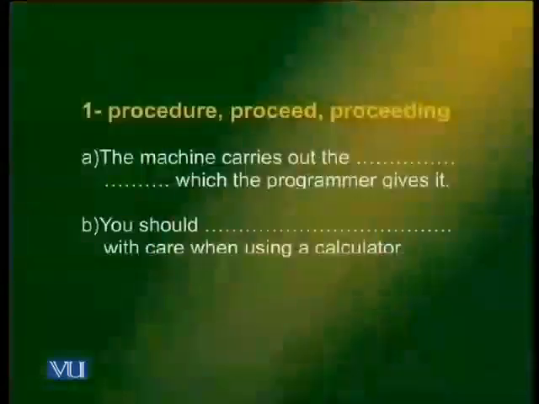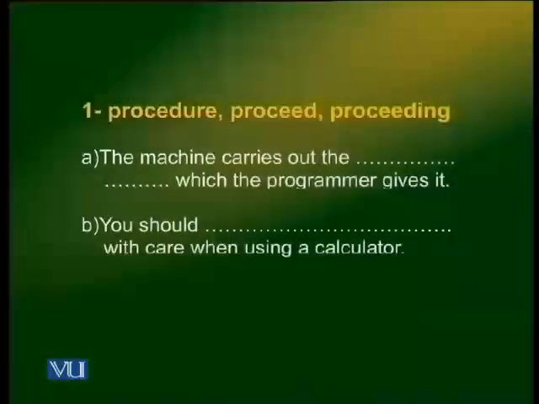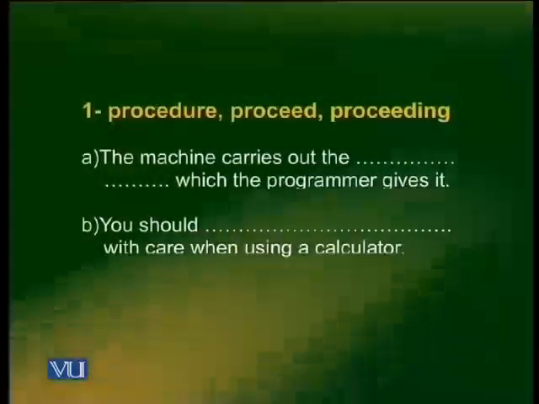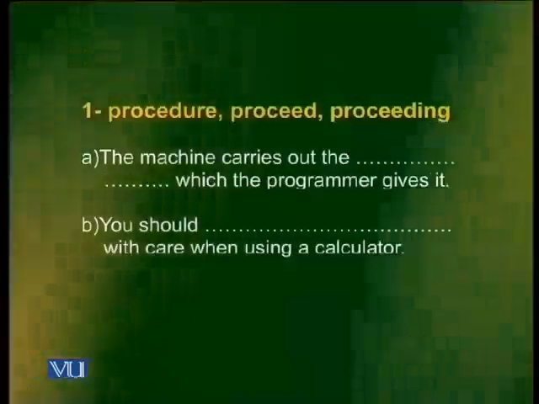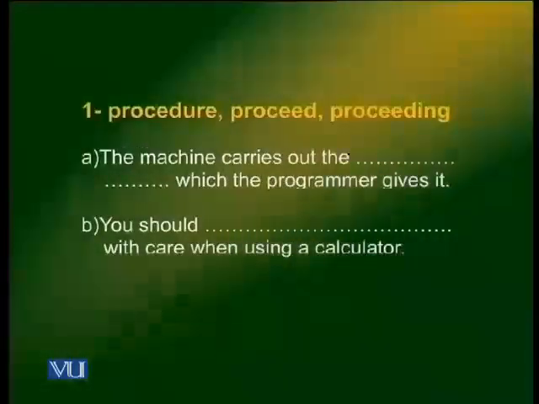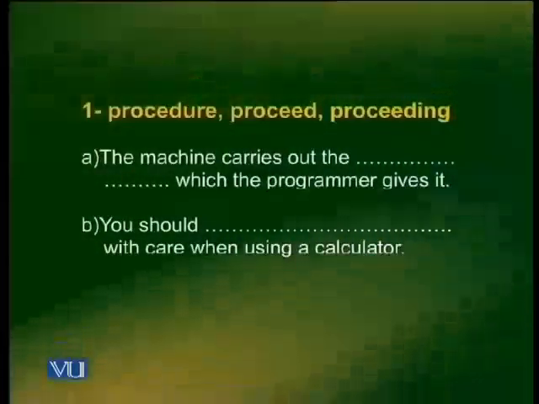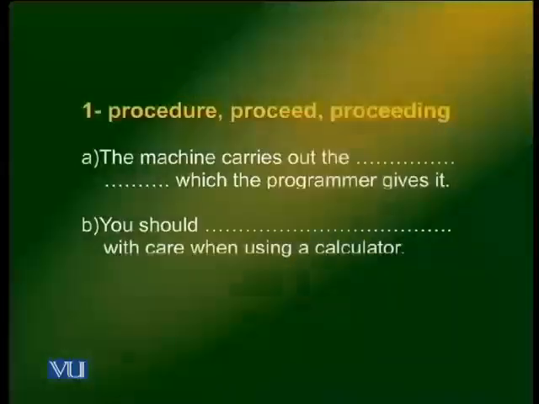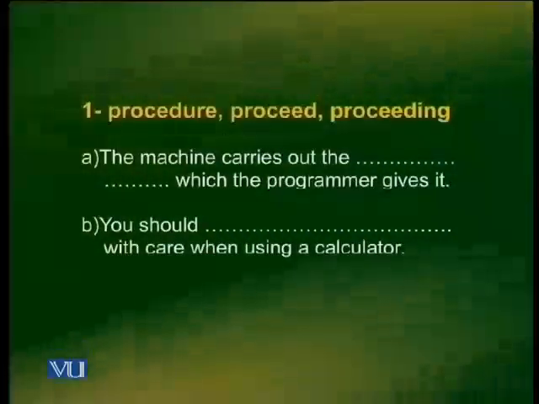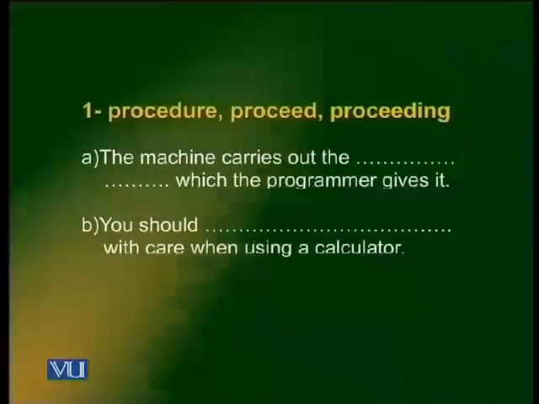And later on, you can check the differences in meaning in your dictionary. The first group of words are procedure, proceed, proceeding. Look at the endings of these words and you will get the clue. Proceed, proceeding, procedure.